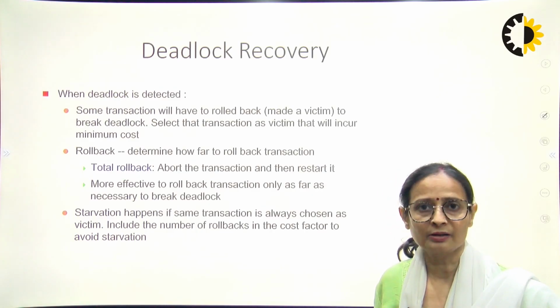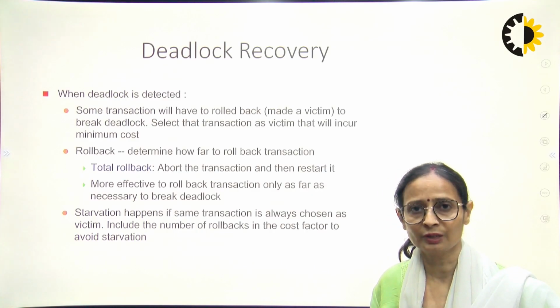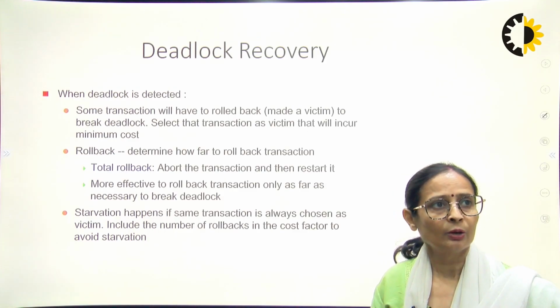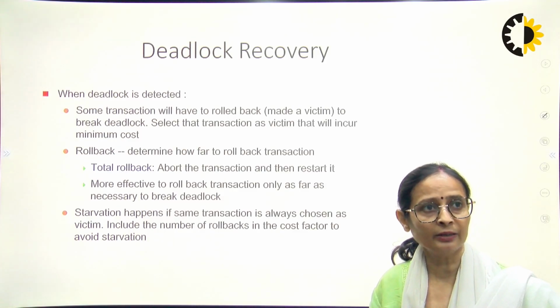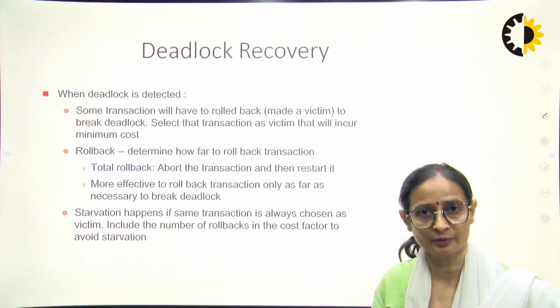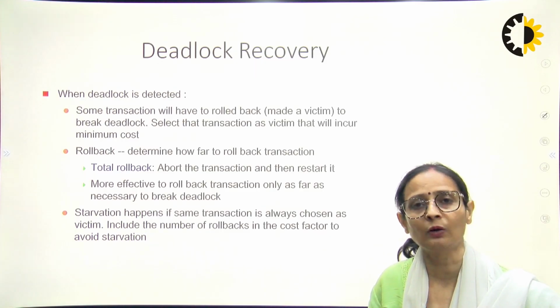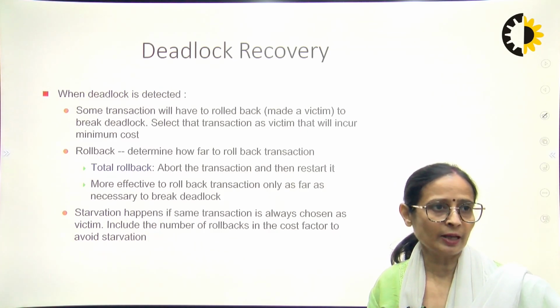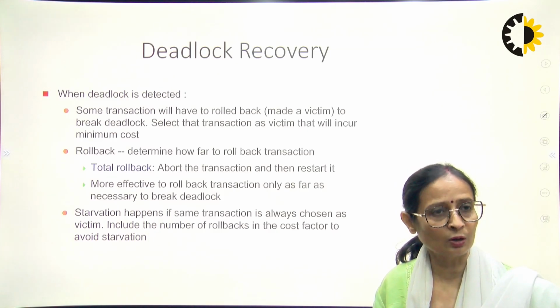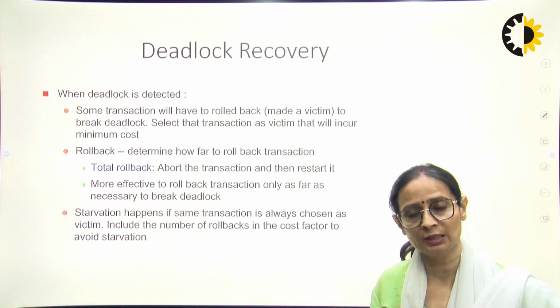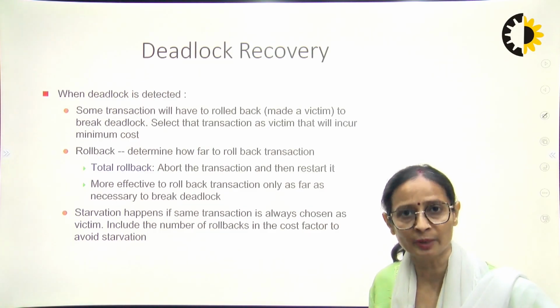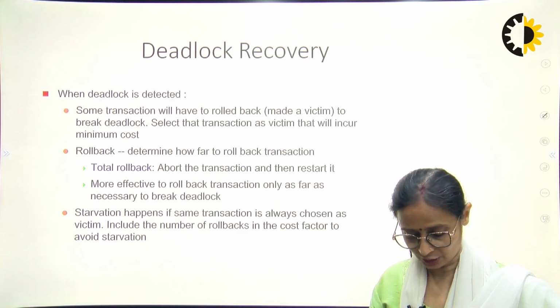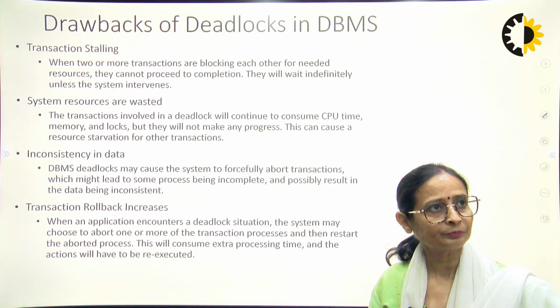These are certain criteria on the basis of which we select the victim. Rollback determines how far to roll back. That is, either we go for total rollback or partial rollback. That becomes the question. Starvation happens if the same transaction is always chosen as a victim. So we need to include a factor, that is how many times a transaction has been rolled back.